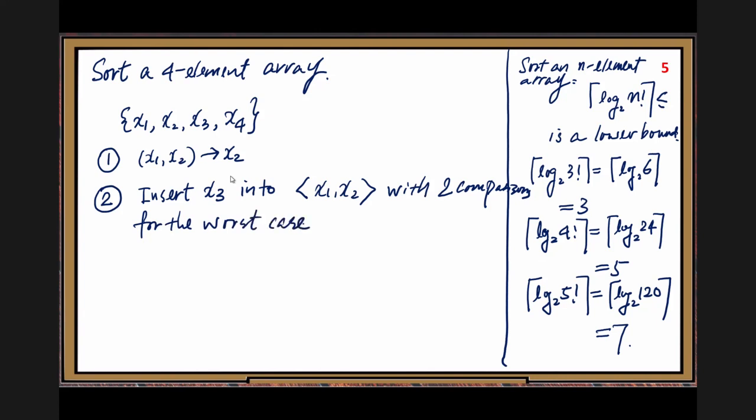So now the subtotal equals 1 plus 2 equals 3 comparisons. For the worst case, we get x1, x2, x3 sorted. Here, I just write it for simplicity. We get the array sorted.